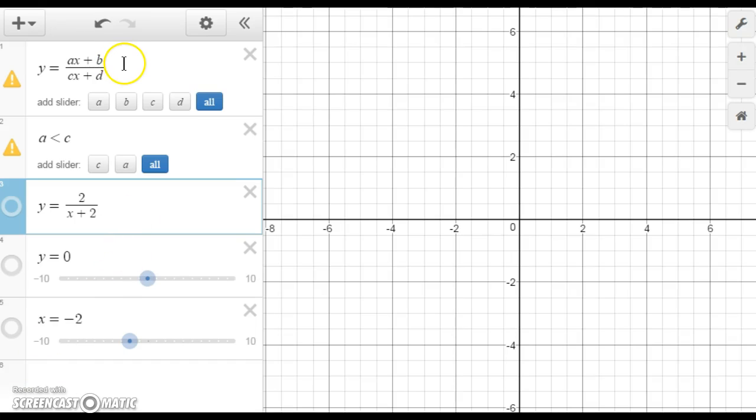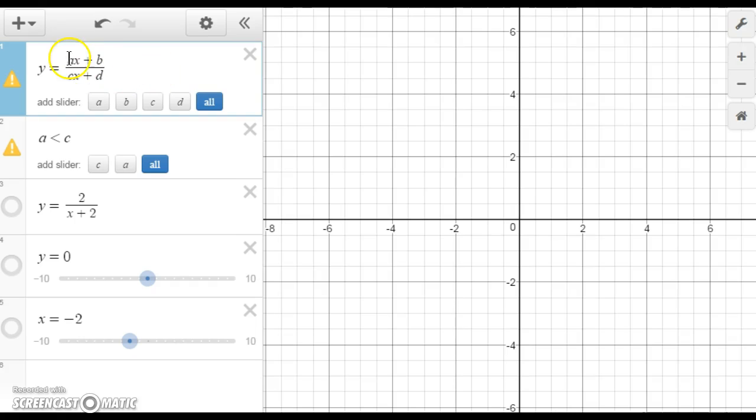The last type of rational function is in this form. y equals, in the numerator, I'm going to have some ax plus b, almost like a linear function, and in my denominator, I'm going to have cx plus d, another linear function, kind of.